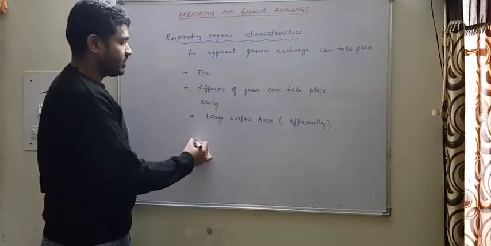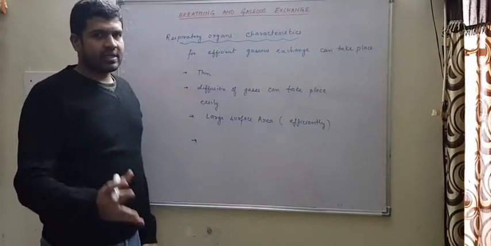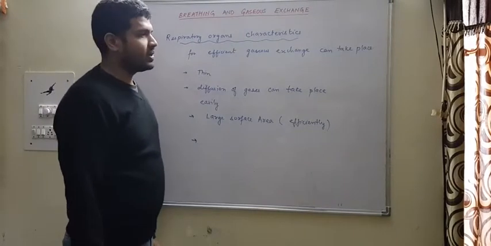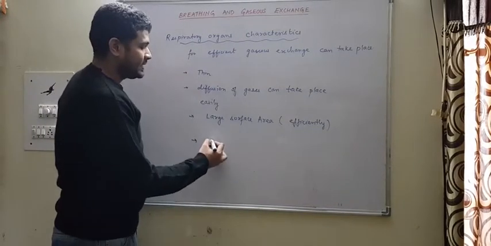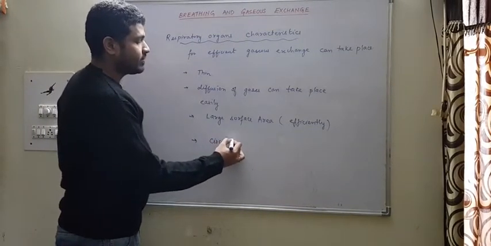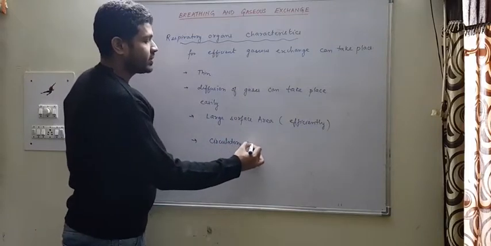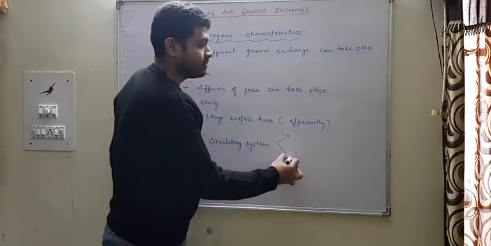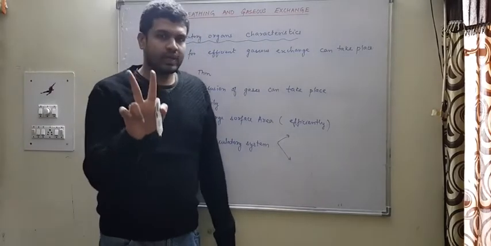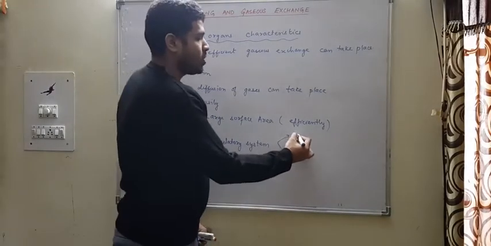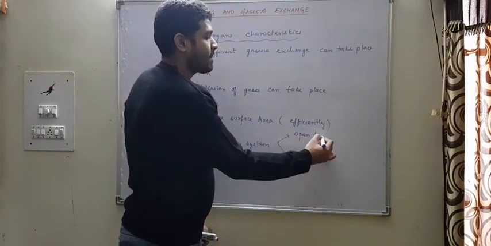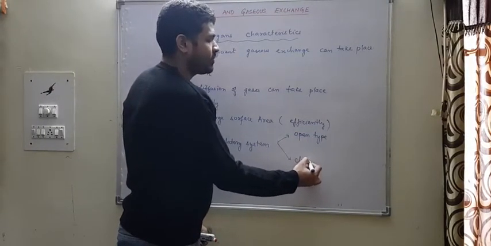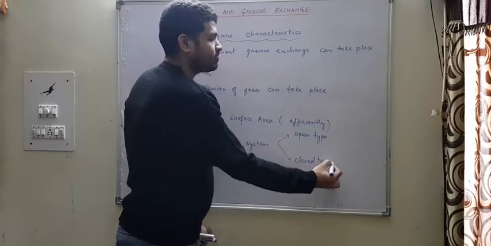We have studied earlier in diversity that circulatory systems are mainly of two types: open type and closed type.